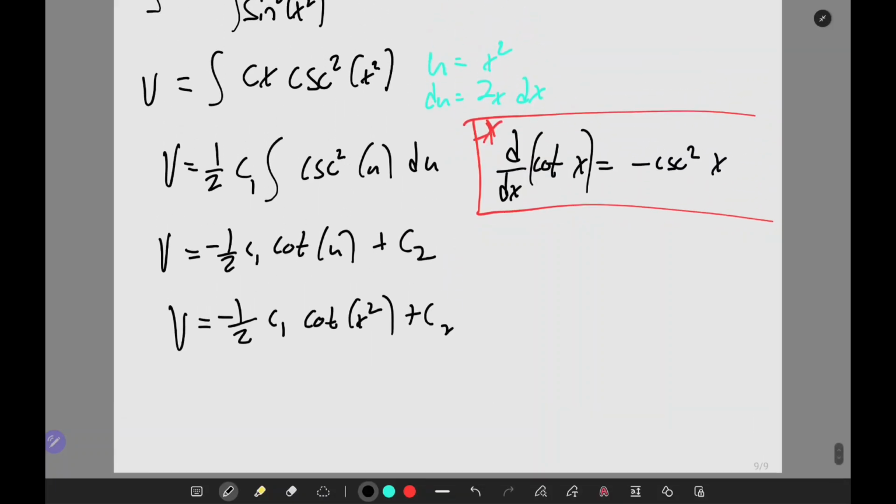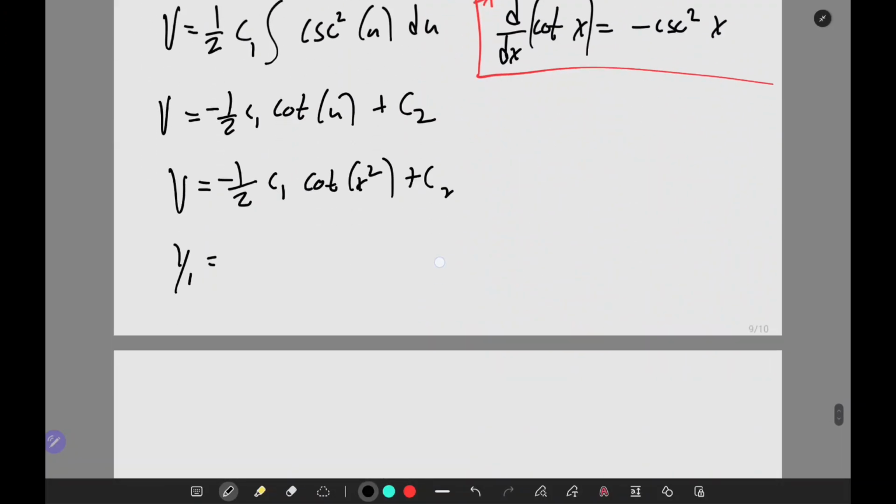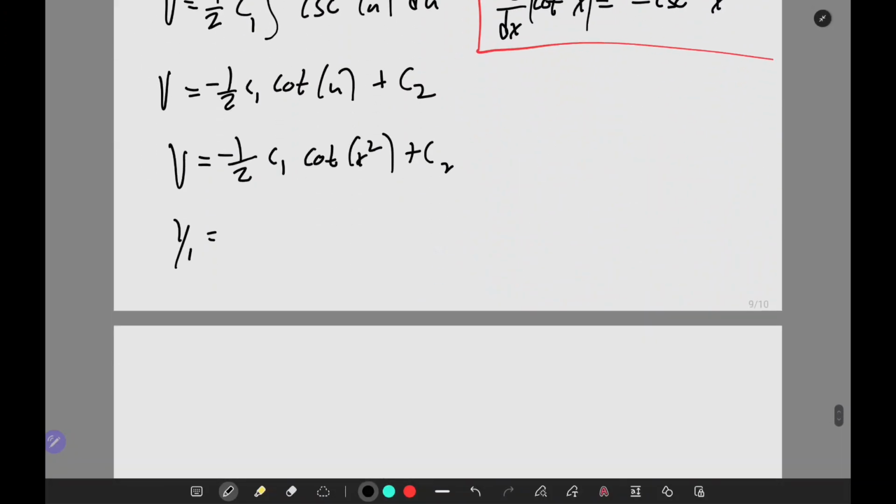Because remember what our y1 was, given to us. I forget, I have it right next to me. Let me see. y1 was sine of x squared. They gave that to us. So then our y2 was v times sine of x squared. So then we just plug back in for v.